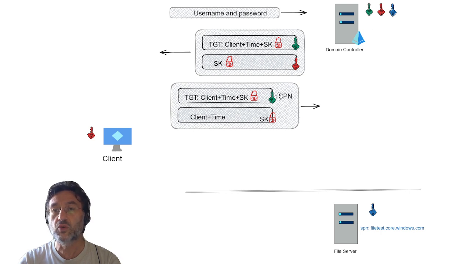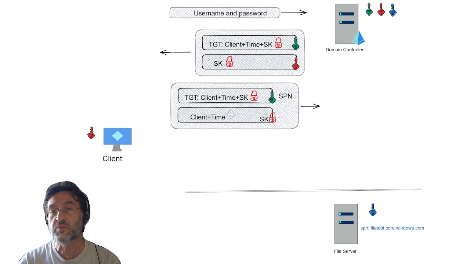Now the domain controller can read this information. The first message he is able to decrypt because it's encrypted with his key, and then he can access the TGT, the client information, the time, and the session key the client used to send the other message. He picks this key, decrypts the second message, picks the information inside, and tries to match.